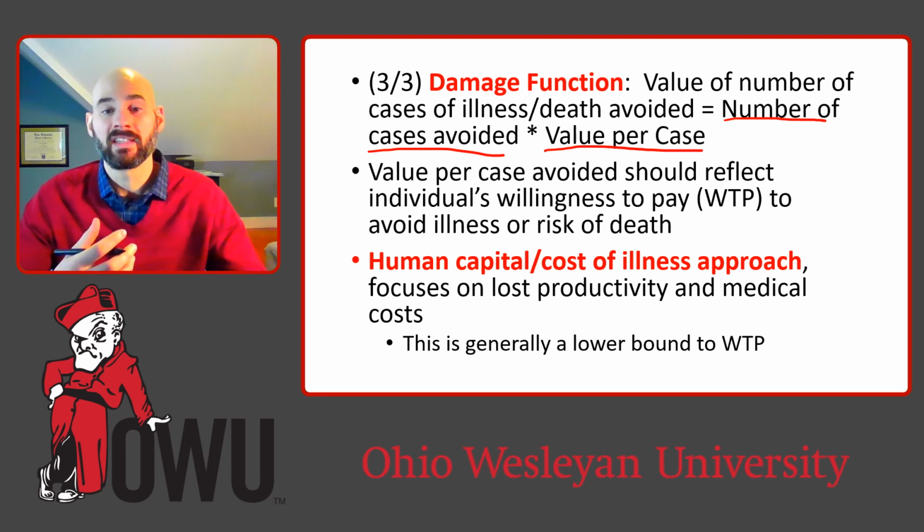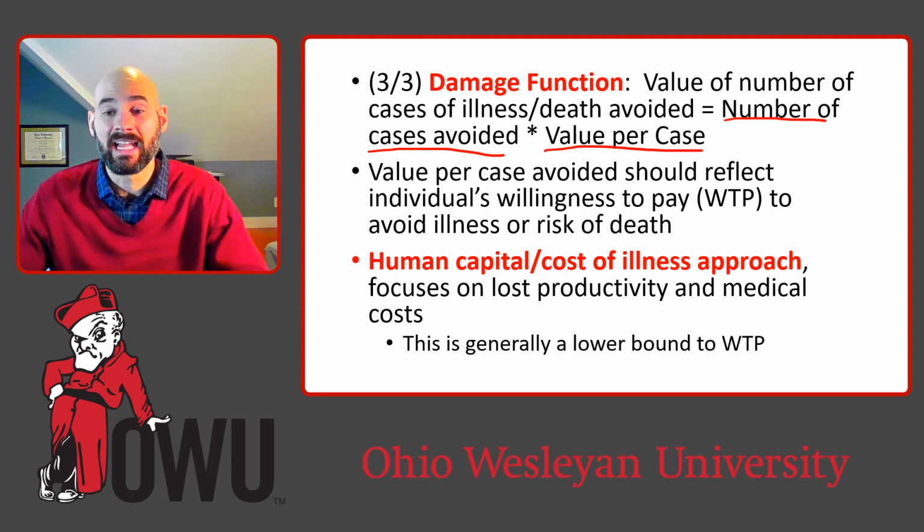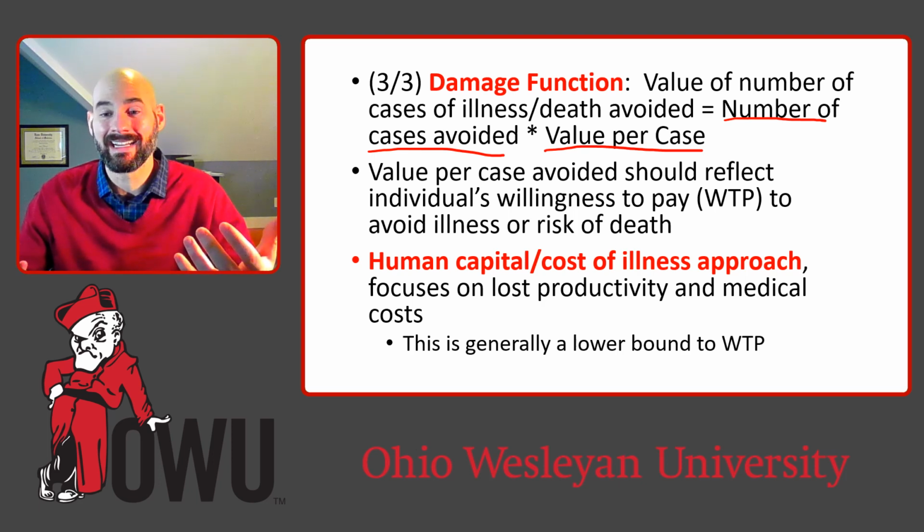But one is using the human capital or cost of illness approach, which is going to focus on the lost productivity and the medical costs of that health outcome. So, for example, it's cost-benefit analysis, and we're thinking about a public health crisis, so we may as well just use COVID.